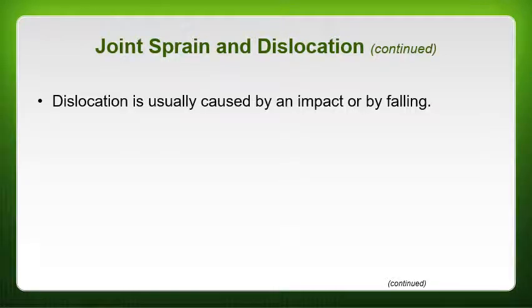So, dislocations are usually caused by an impact or falling. Again, for the degree of separation, you look at whether you have a partial or a complete dislocation. You'll also sometimes hear the term subluxation. When a joint subluxes, it basically comes out and then goes back in. The joint surfaces will separate, but then go back together.